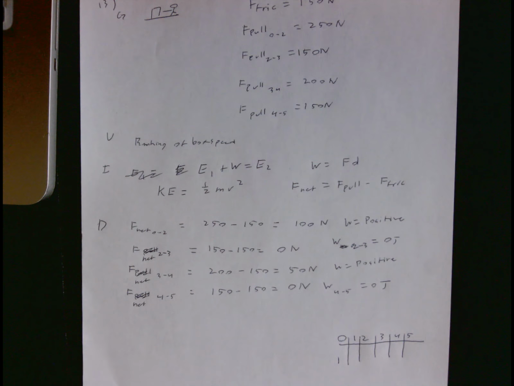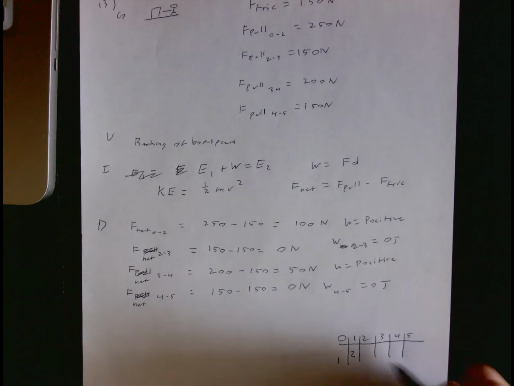From 0 to 1 seconds, the work that is done is positive, which means that you're adding KE. And so as a result, the speed at 1 will be faster than the speed at 0. The same thing happens from 1 to 2 seconds, where it gets faster at 2 seconds compared to what it is at 1.